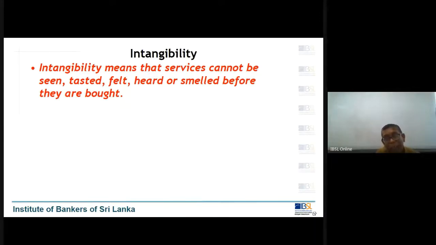What can banks do? Because bank services are intangible, banks try to convert intangibility to tangibility. You can do it in one way through testimonials, or through providing physical evidence, which we are going to discuss. So we can make it tangible.